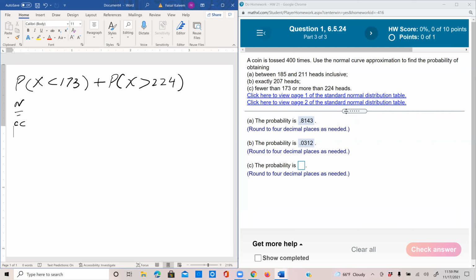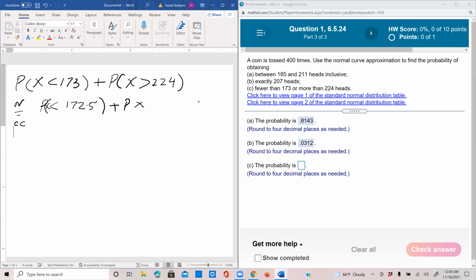So anything less than 172.5 would be less than or equal to 172. And similarly, greater than 224 means greater than or equal to 225.